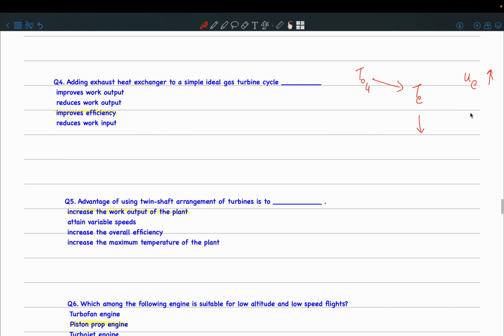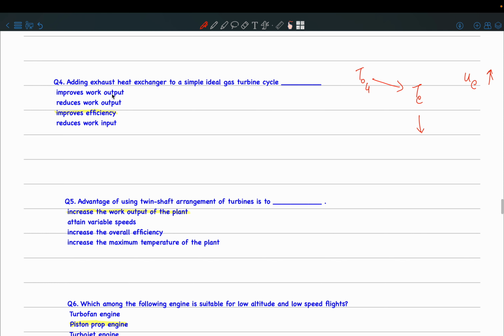Does that make sense? Yeah. So that will improve your efficiency. It will not improve work output. It will only improve the efficiency because it will improve your thrust.